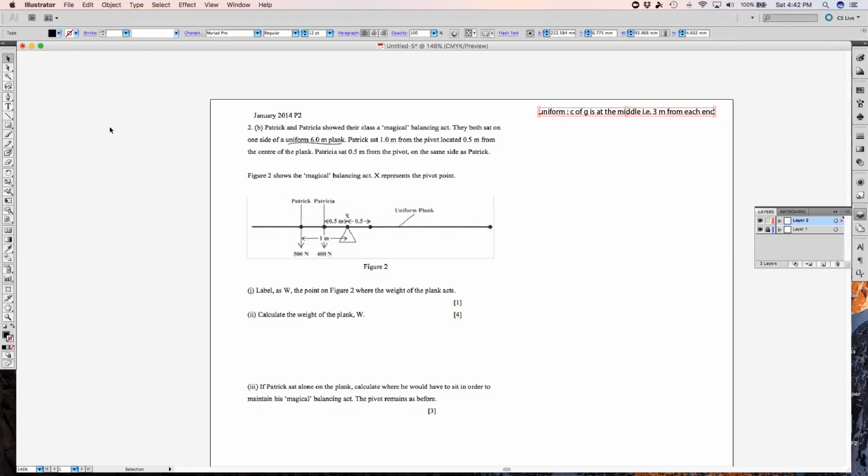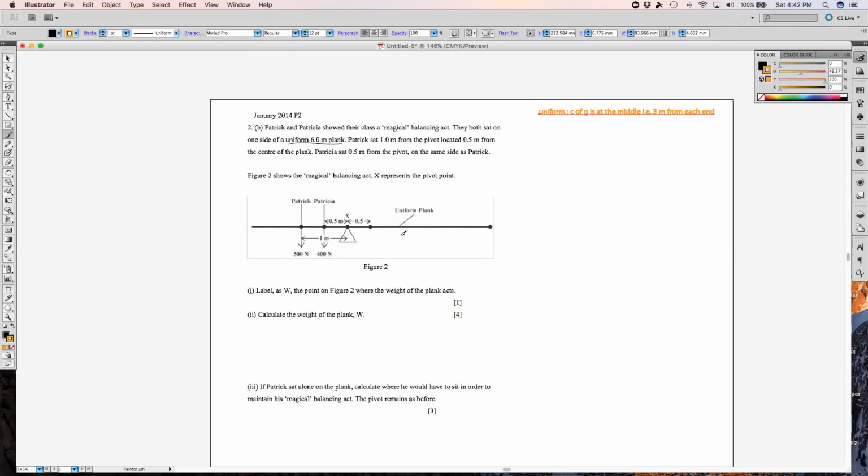That's the first thing. So if this is 6 meters long, exactly at the 3 meter mark, the weight of the entire plank is going to be acting.